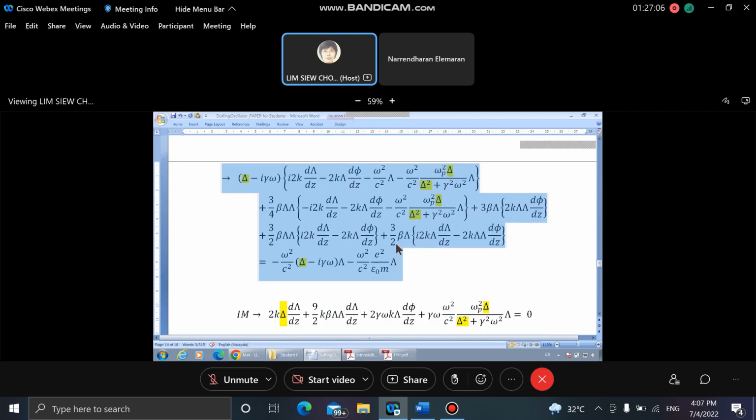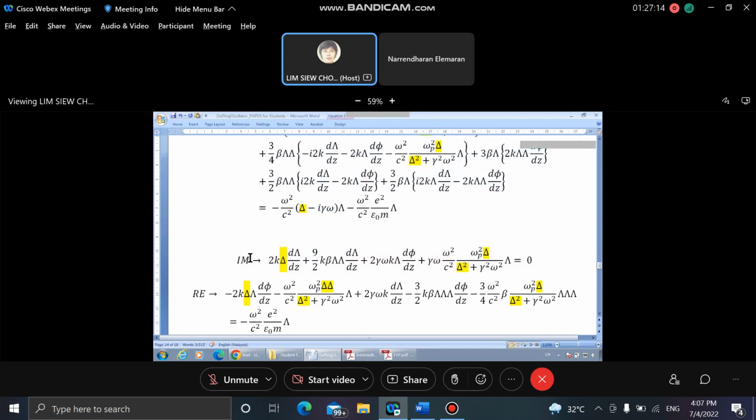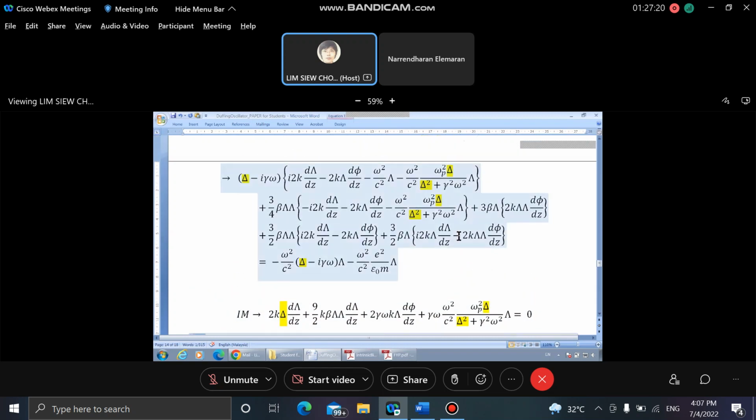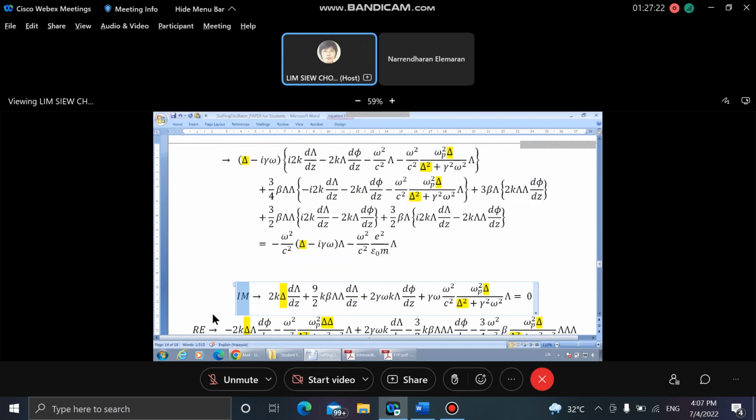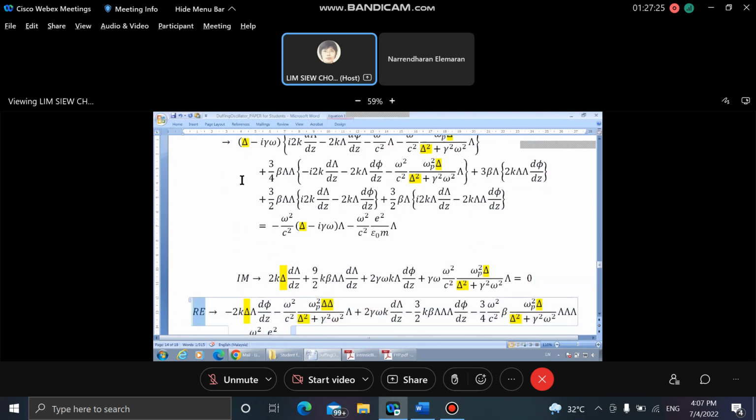And as I said last semester, this is the result, and we need to separate into two equations, imaginary and real. So this is good, because if we use complex, then it always contains imaginary part and real part. So this one equation we separate into two equations.